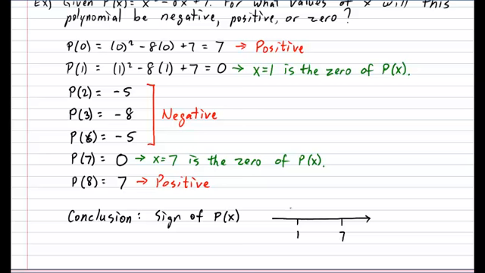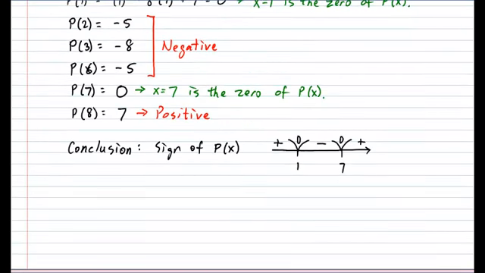On top of those, we put the funny v symbol, and we put 0 inside them. That means that the value of this polynomial equals 0 when x is 1 or when x is 7. And let's put down our other observations. Below the first 0, our result was positive. Between the two zeros, our result was negative. And beyond the second 0, our result was positive. And that is our conclusion for our analysis of this polynomial.